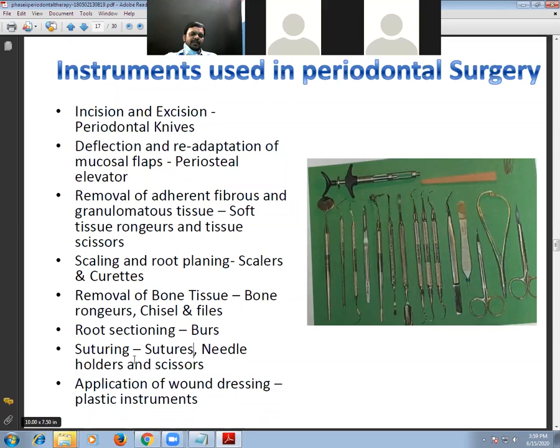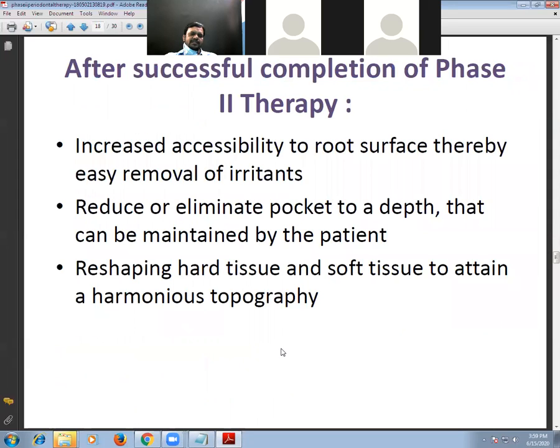Then after suturing, periodontal dressings are usually used nowadays after performing any periodontal surgery. Application of the dressing is done with the help of plastic instruments. Whatever periodontal dressings you are going to give after performing periodontal surgeries, for this purpose we are using plastic instruments. So these are the various instruments that are used while performing periodontal surgery.